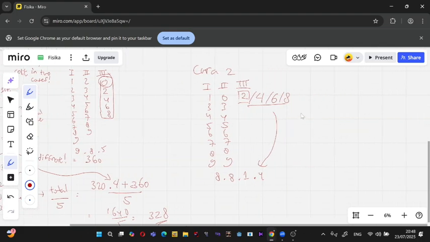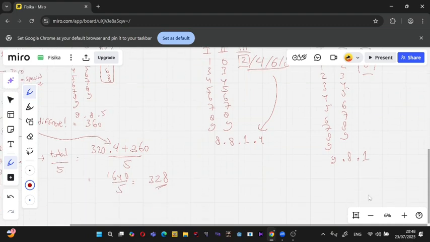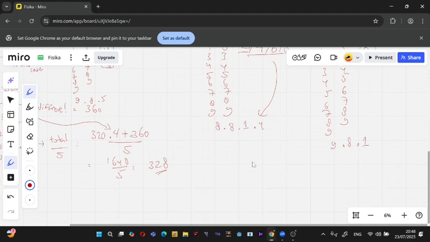Then you create the second case, where 0 is guaranteed at the back of the number. You put 0, you fill in the front and the middle, and you times it 9 times 8 times 1. And you don't have to divide by 5 for this one.